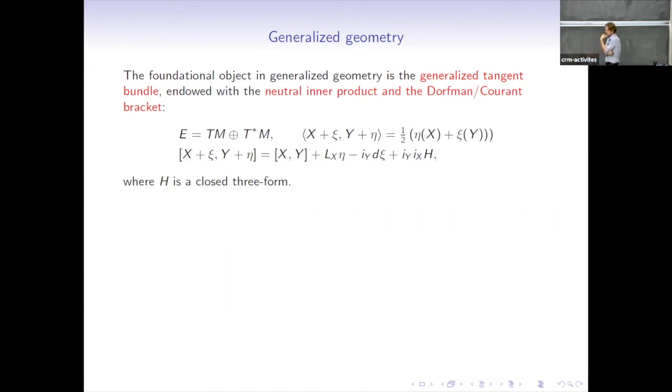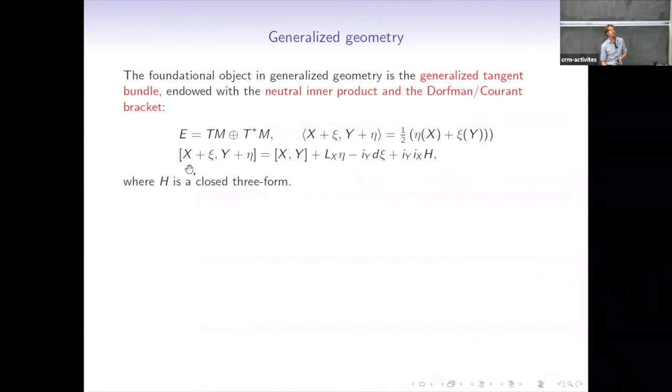Jürgen's talk very briefly discussed this object, the generalized tangent bundle, and the Courant bracket. So E is just the vector bundle T plus T star, and E comes naturally equipped with two objects. First is the neutral inner product, defined by this symmetrized contraction.